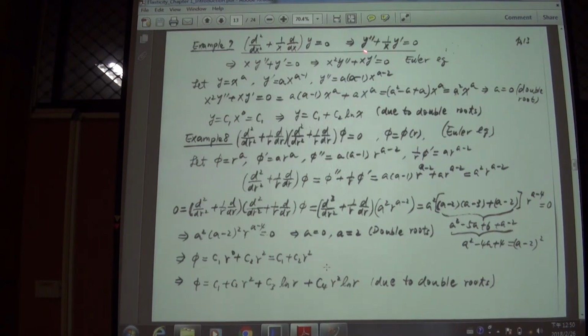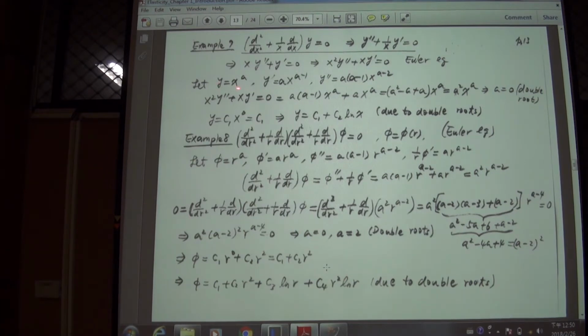So this one is equivalent to this one. Once again, this is a Euler equation. Why? Because if we move this x into here and multiply the equation by x, we get this one. Obviously this equation is a Euler equation.